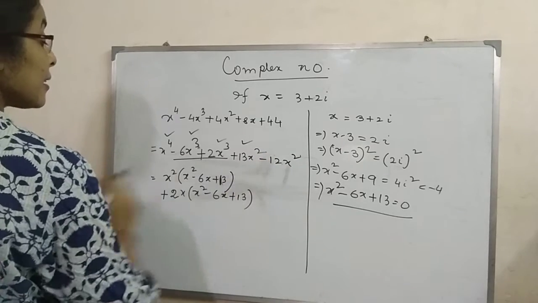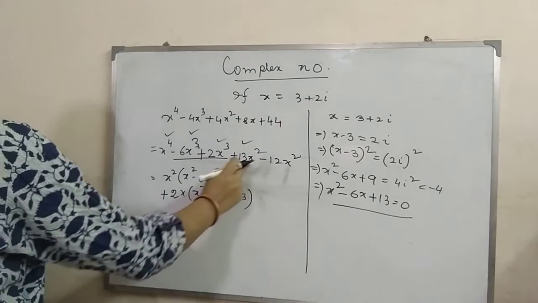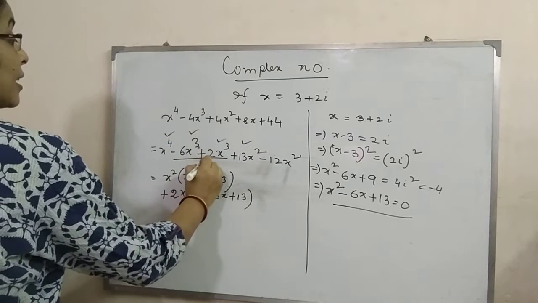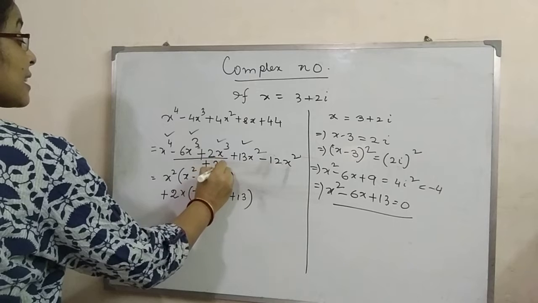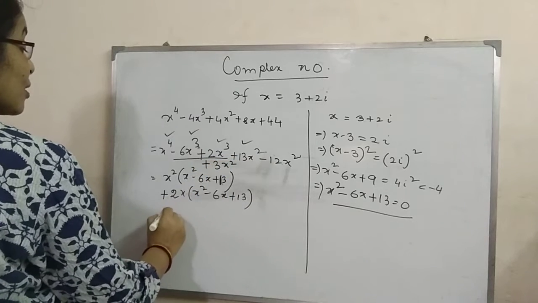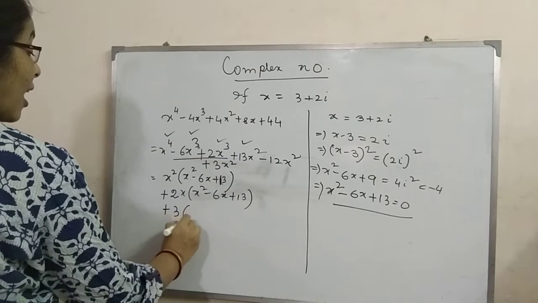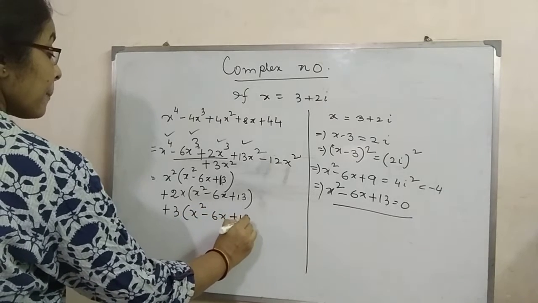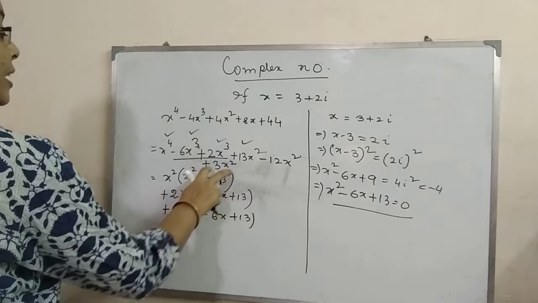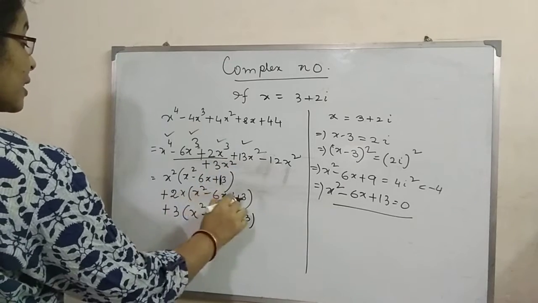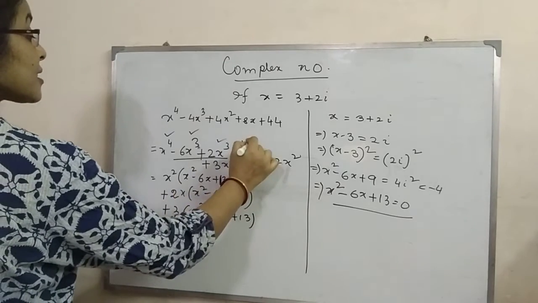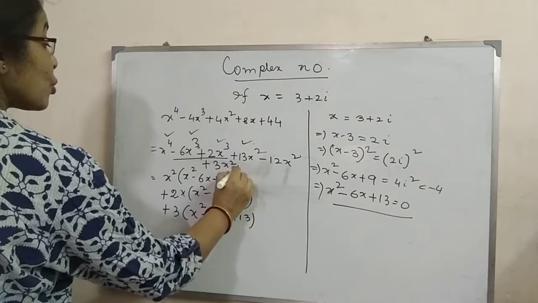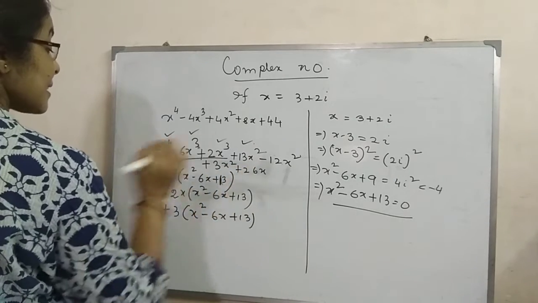So I will get x square, that means plus 3x square. So I will write 3x square, 13x square minus 12x square plus 26x.